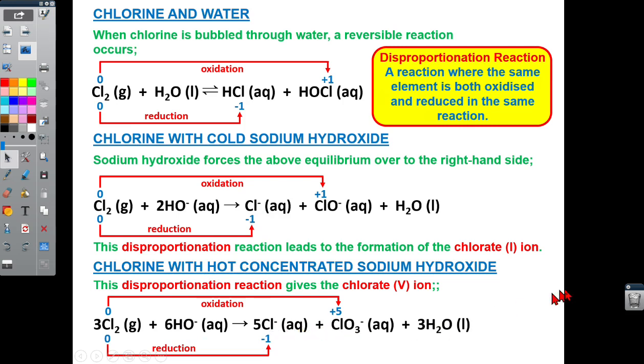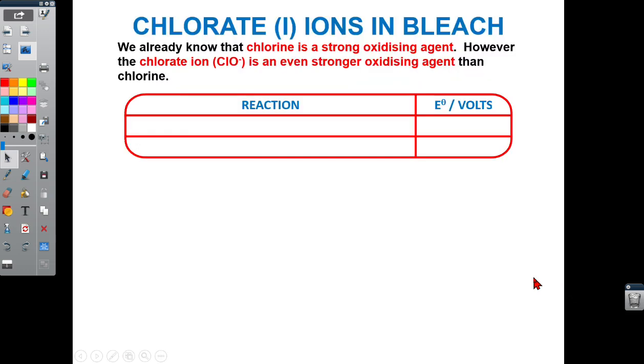Another disproportionation. So I mentioned to you that the chlorate 1 ion is used in bleach. So let me just talk a little bit about that. We know that chlorine is an effective oxidizing agent. We've talked about this in previous presentations. We know it's an electronegative element. We know it's good at pulling electrons towards itself. The electrode potential value when that happens is 1.36 volts.